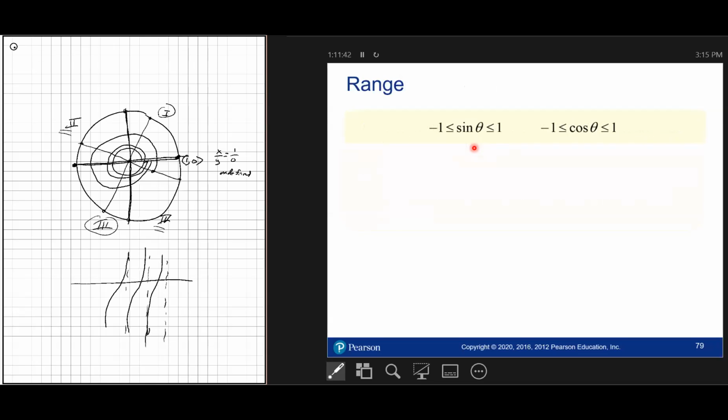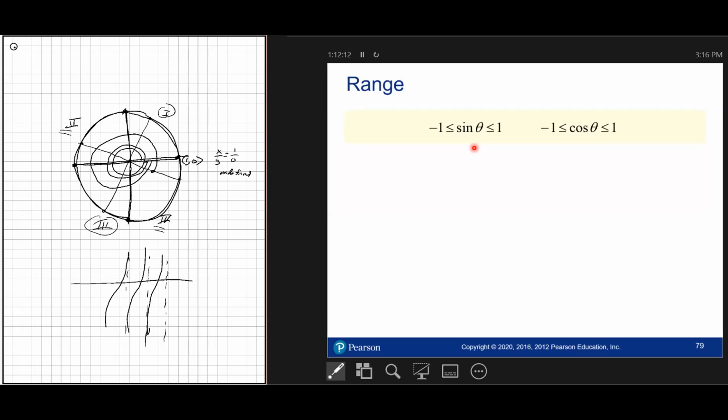For sine, all the sine values are the y values from -1 to +1, because along this circle, the highest y value is +1 and the lowest y value is -1. So the range is a closed set of numbers from -1 to +1.